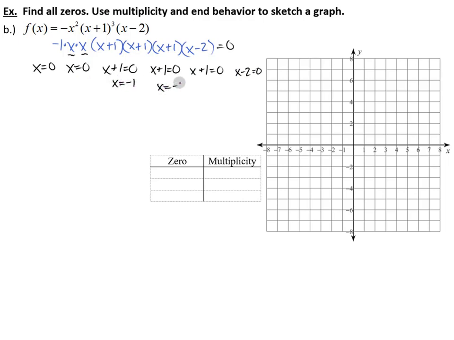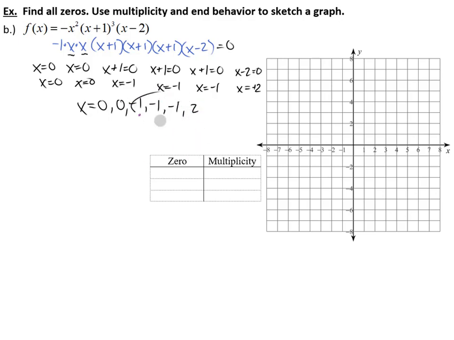This gives me the same answer, and this gives me the same answer. Adding 2 over gives me positive 2 here. And of course, each of these is the same thing, x equals 0. So listing our solutions out, we get 0 twice, we get negative 1 3 times, and positive 2 once.